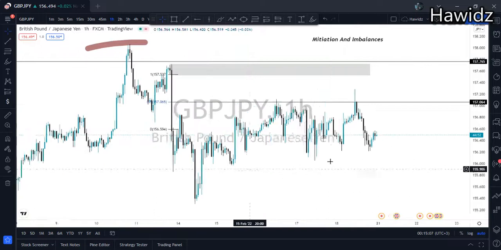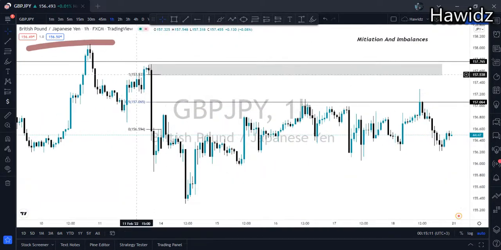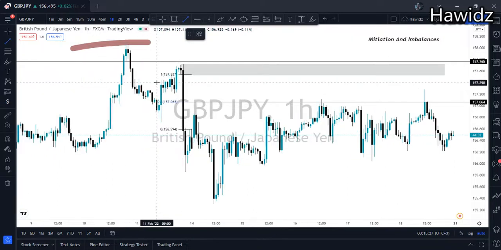Based on the time frame that we're on, we have this SND to trade from, because there's nothing left unmitigated here. Everything is pretty much filled. As you can see, this move came to fill this imbalance here. So the left imbalance is just here.